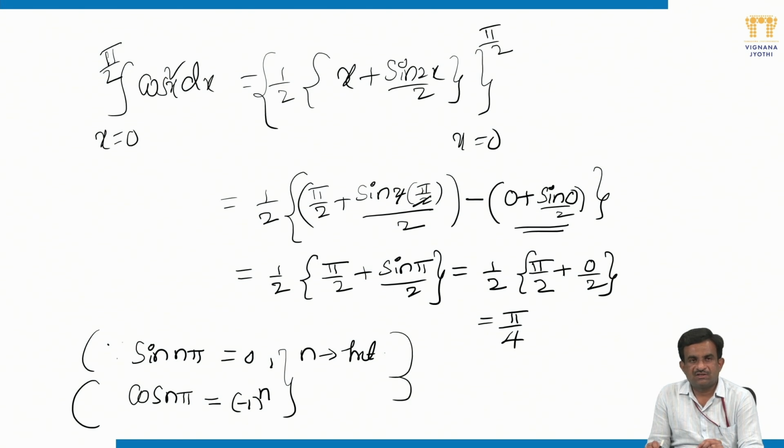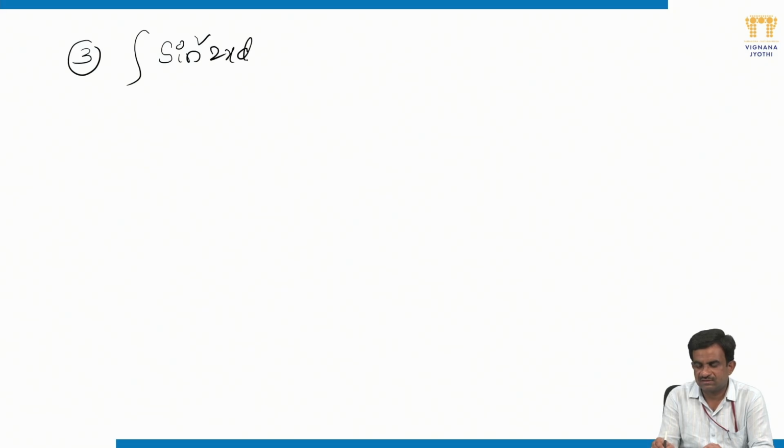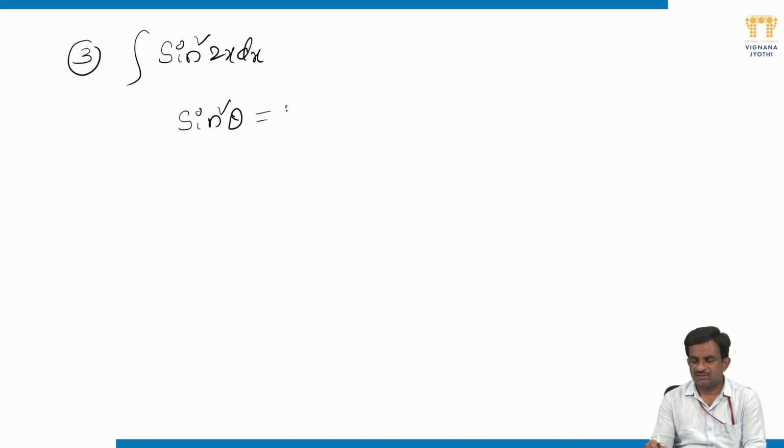Not only the integration of sine square x and cos square x, but going to this third example, suppose we are asked to evaluate the integration of sine square 2x dx. We know the standard formula of sine square theta is 1 minus cos 2 theta by 2.